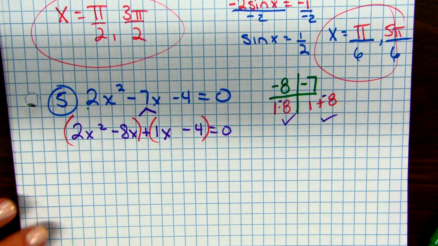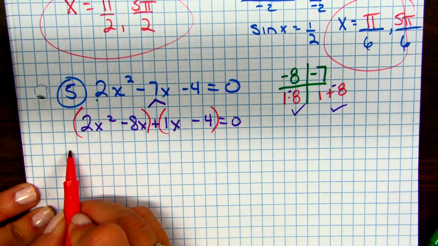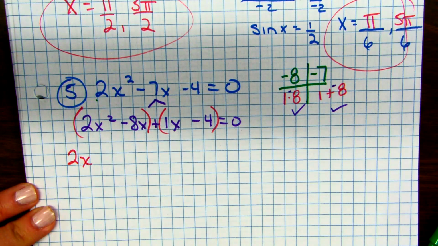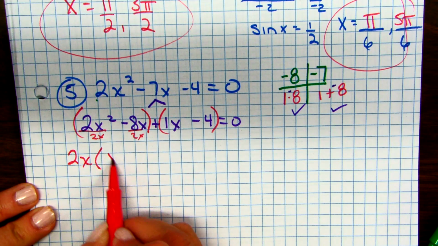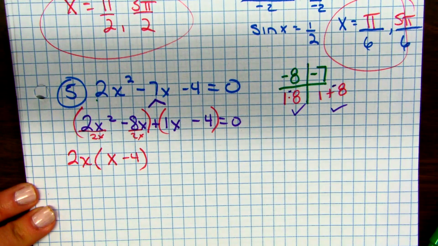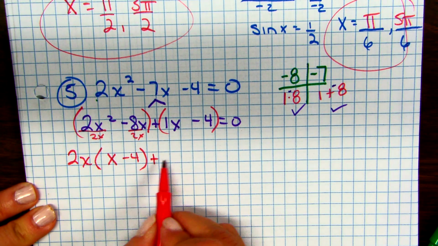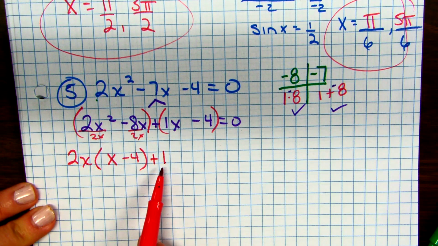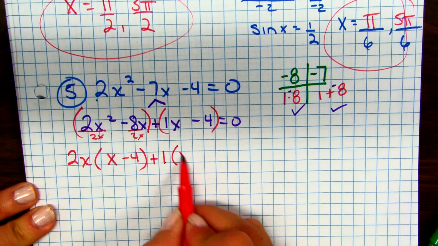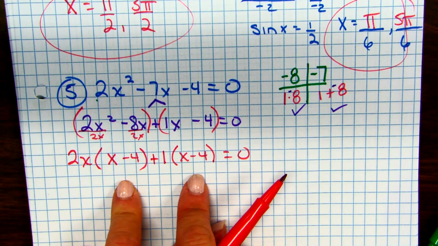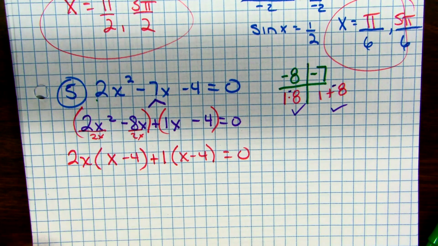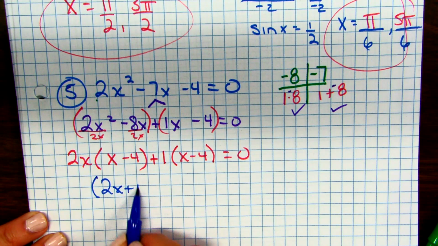Whatever's left goes in the parentheses. So these 2 have a 2 and an X in common. Right? I'm just dividing these both by 2x. What's left? X minus 4. Remember, even if it's just a 1, I have to put something there. Parentheses are the same. So algebraically, I'm factored.